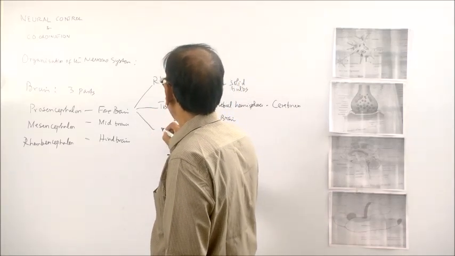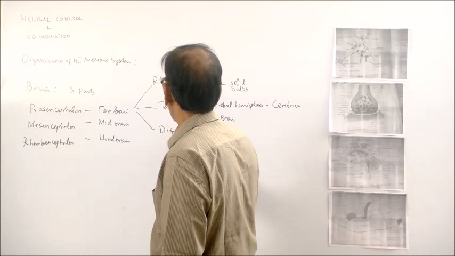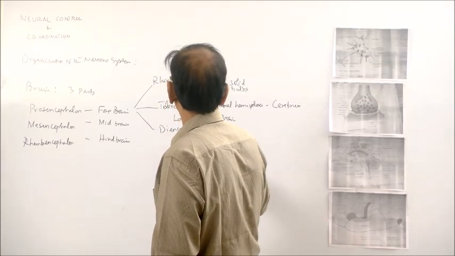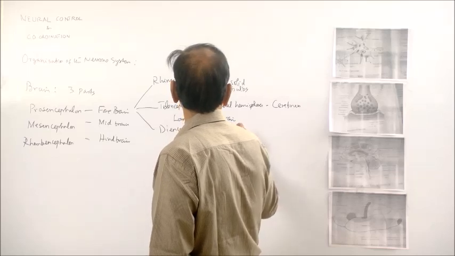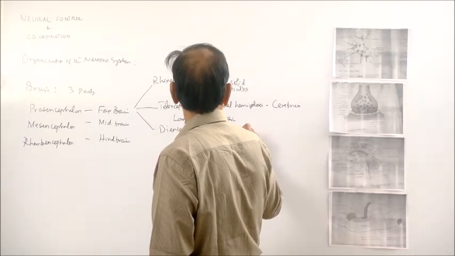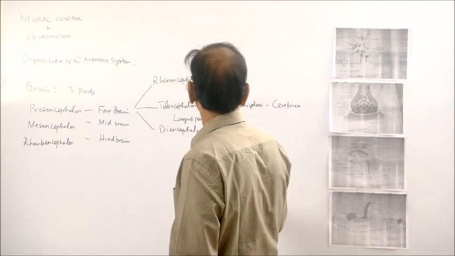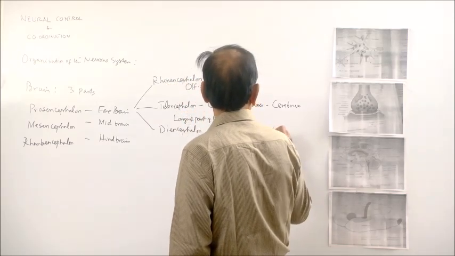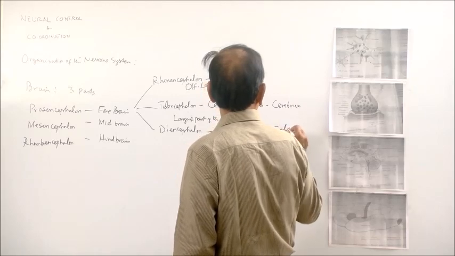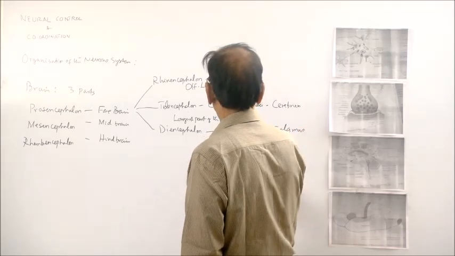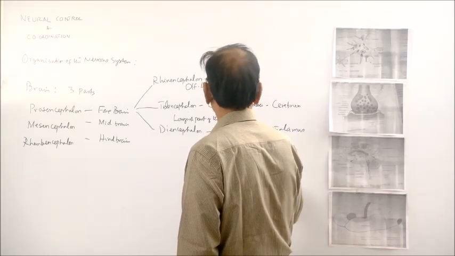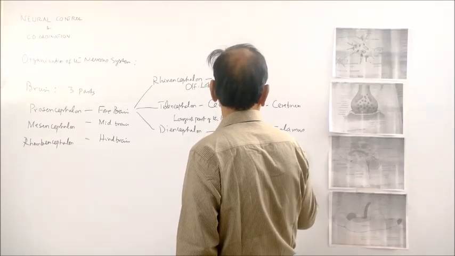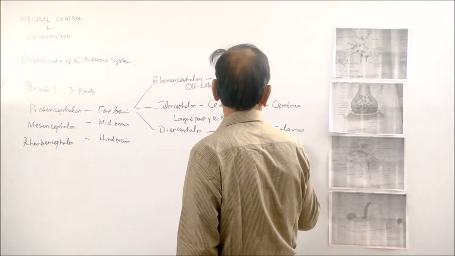Then we have the diencephalon. The upper part is called the epithalamus, and the lower part is called the hypothalamus. Hypo meaning below, hypothalamus.